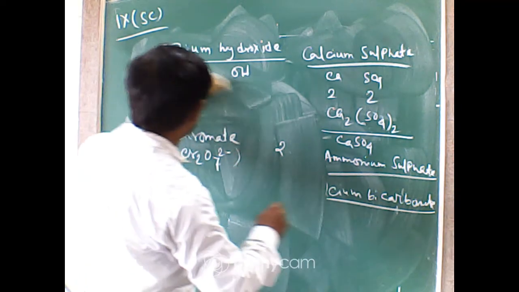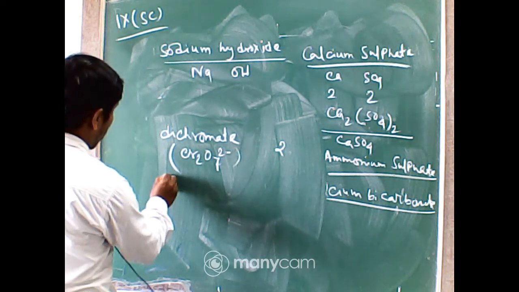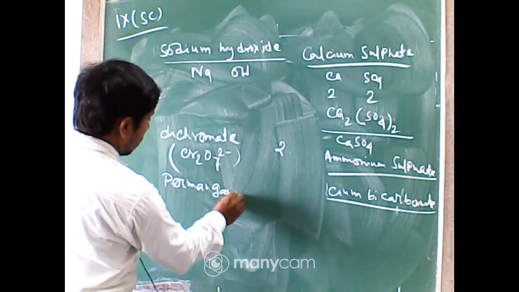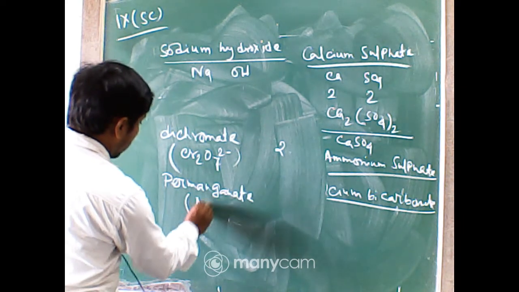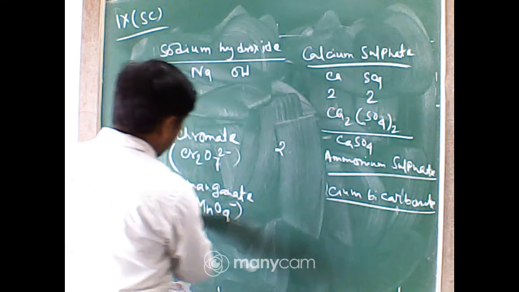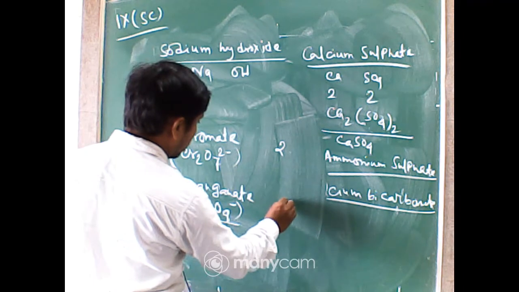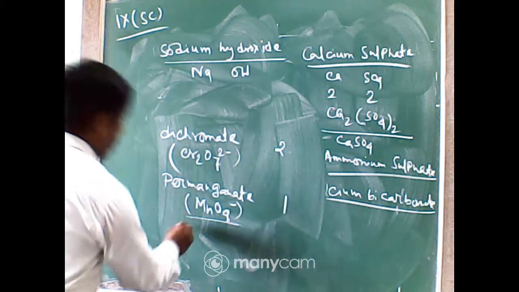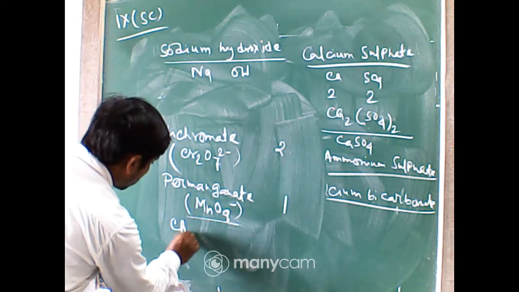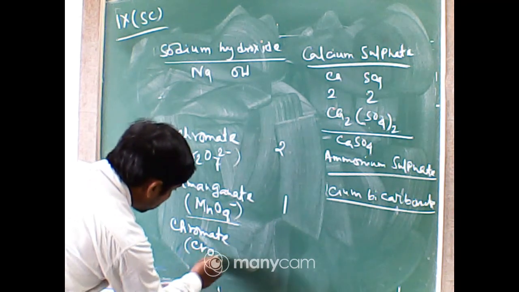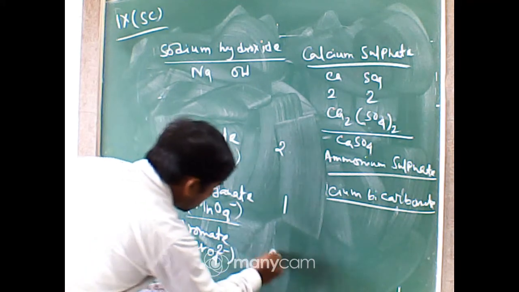I am adding 2 more anions, permanganate. Permanganate, MnO4 minus, it is the formula, and the valency is 1. And also write chromate. Chromate, CrO4 2 minus, and the valency is 2.